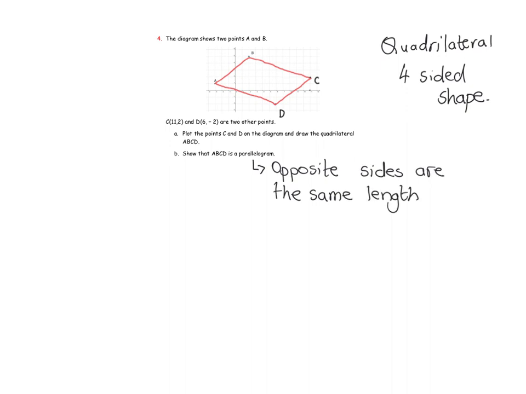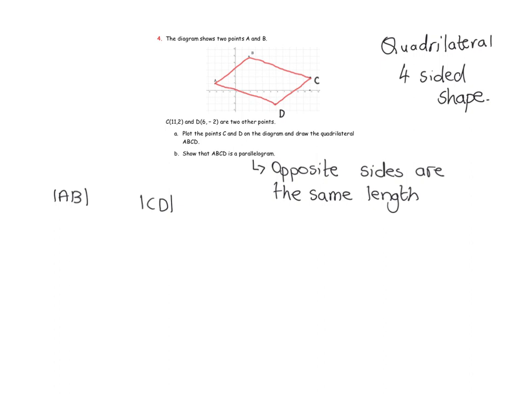We can pick 2 sides. So I think I might pick AB first, and the opposite side from AB is CD. We have to show that these 2 sides are the same length, and then we'll have to show that AD and BC are the same length as well.